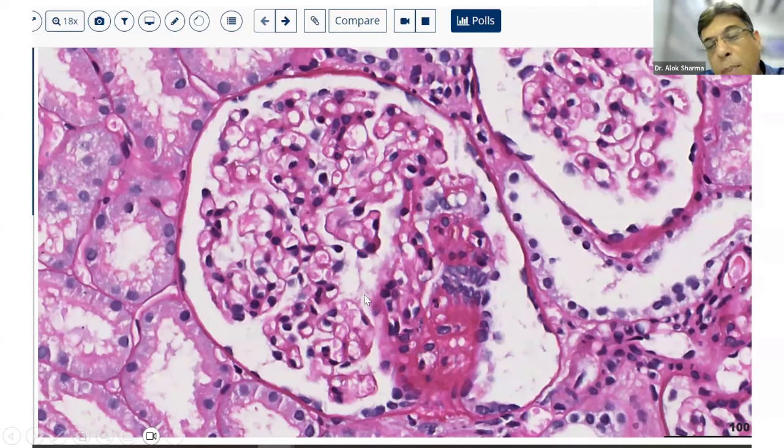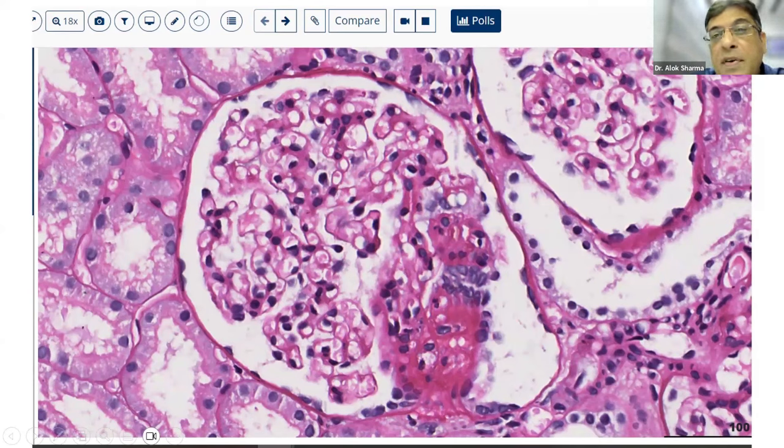Since only a part of the glomerulus is getting sclerosed, we call it segmental sclerosis. And we use the term focal because less than 50% are involved. If you had gone through that entire scan slide, you would have noted around 17 to 18 glomeruli in this section, and only 3 or 4 are showing these sclerotic lesions. So that's why it's focal in nature. And even within a given glomerulus, only a segment is getting sclerosed, so it is called focal and segmental glomerulosclerosis.